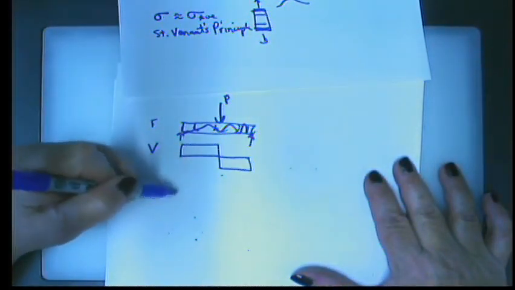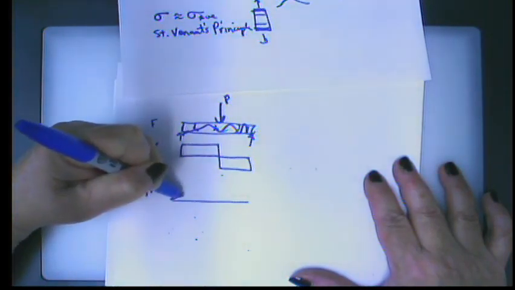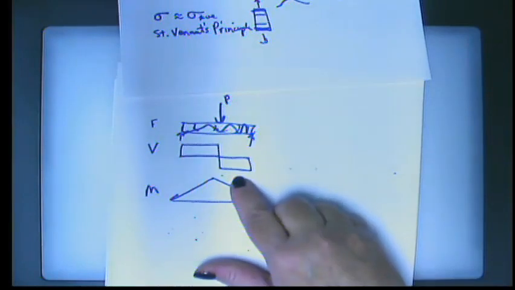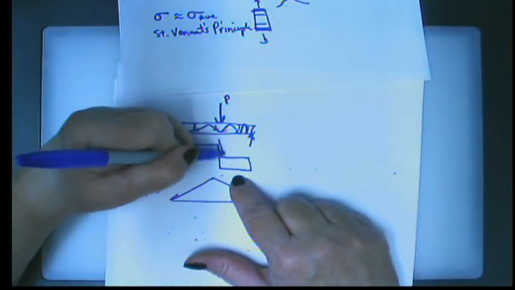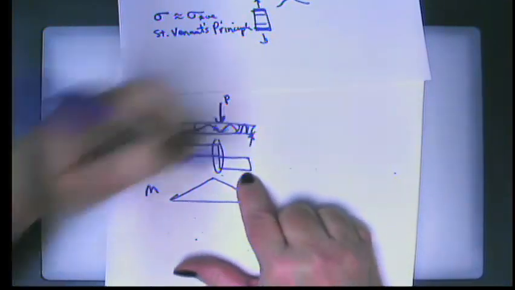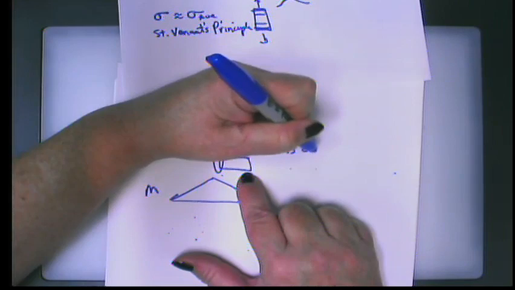Whereas M in this case would look more like this, okay? And what this means is that if we look here at the point where the load is applied, the change in V is dramatic and sudden.